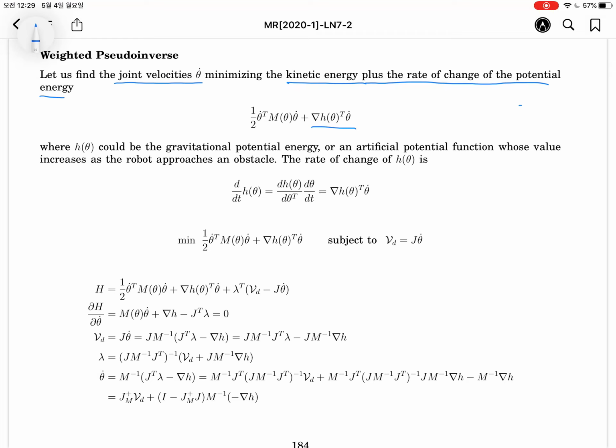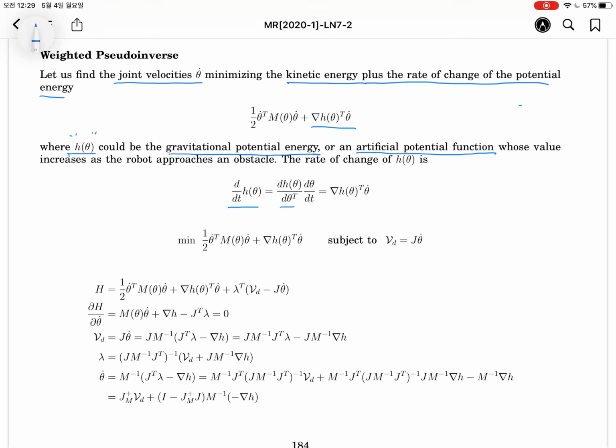Anyway, any kind of potential energy given, the rate of change will be applied to the minimized performance index. So H is the gravitational potential energy, or the artificial potential function can be used here as H.